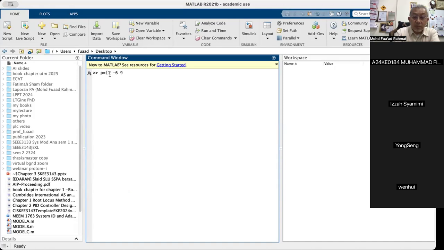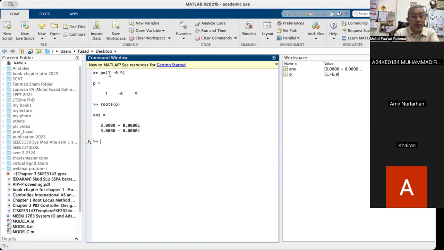Can you see what I type? Yes, Doctor. Roots P. So you find positive 3, correct? Positive 3, positive 3.